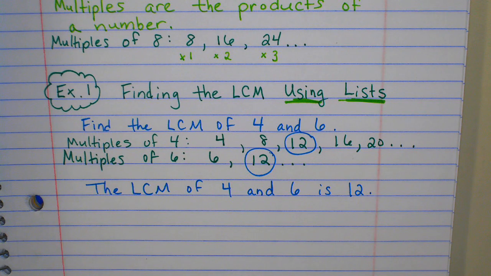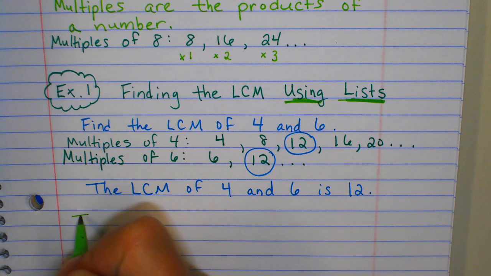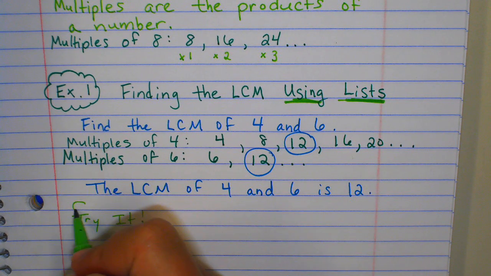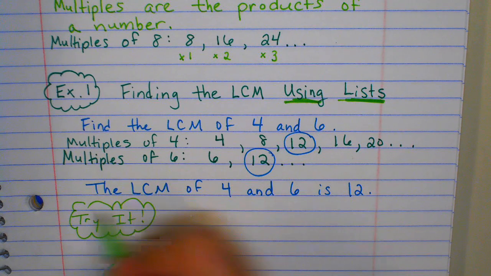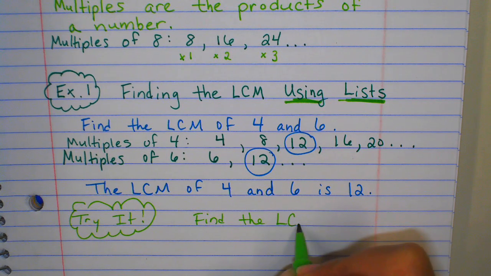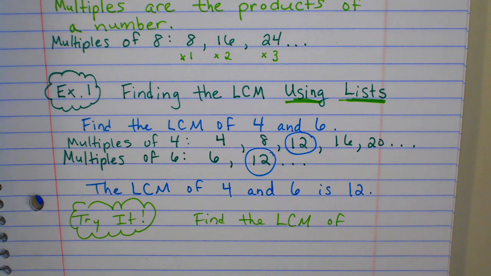Why don't you do a try it problem at this point? Try to find the least common multiple of 9 and 12.